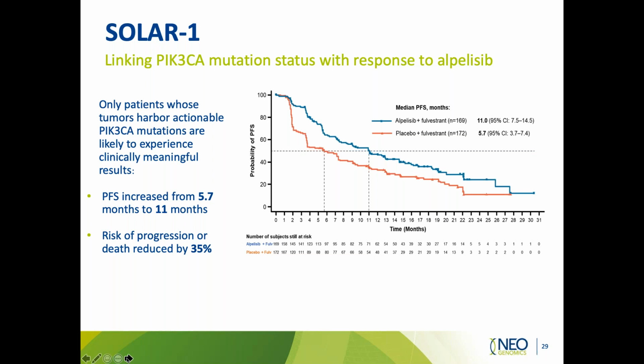But in the PIK3CA mutation positive group, the median progression-free survival increased from just under 6 months to 11 months, and you can see that in the two curves. In fact, the risk of progression or death was reduced by 35%. On this basis, the FDA approved the drug, and they also approved the companion diagnostic that was linked to this study as well. And that's what we're going to describe next.